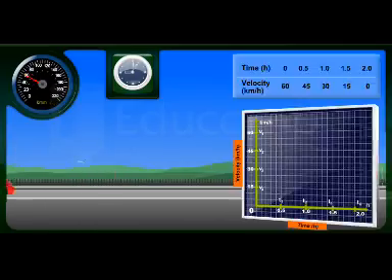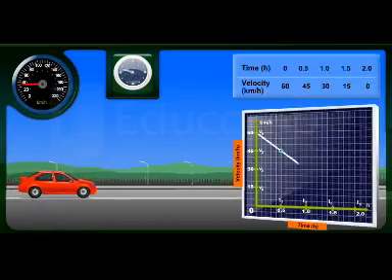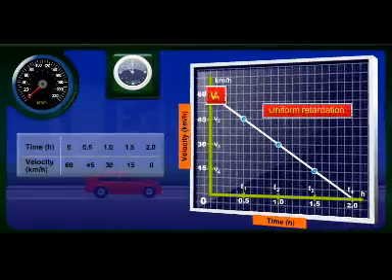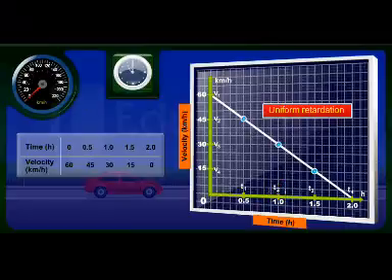Let us now study the motion of the car moving with uniformly decreasing velocity. As v2 is smaller than v1, for t2 greater than t1, this means that the velocity of the body is decreasing every moment, or in other words, has a uniform negative acceleration or retardation.